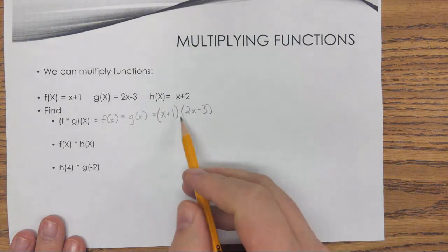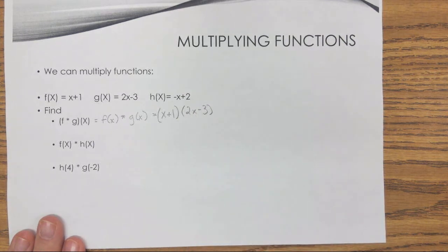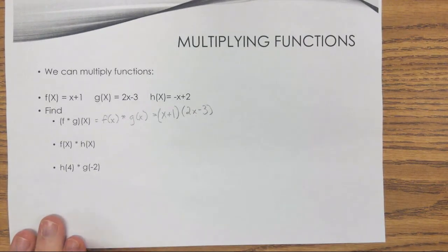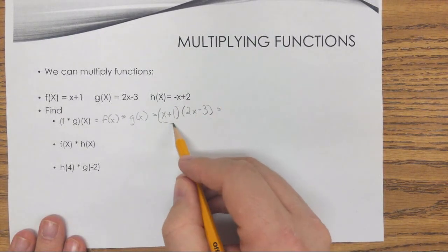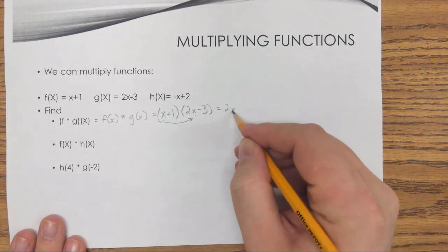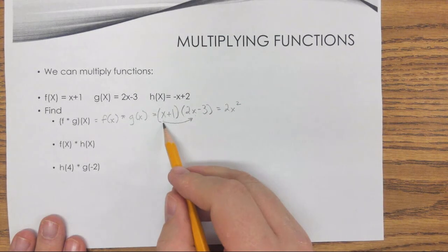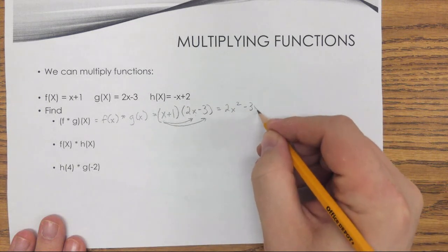So remember, if I have something outside of the parentheses and there's nothing in between, that's going to be multiplication. So since I'm multiplying these, I'm essentially going to FOIL. So the first 2 here, x times 2x is 2x squared. Outside, x times negative 3 is negative 3x.